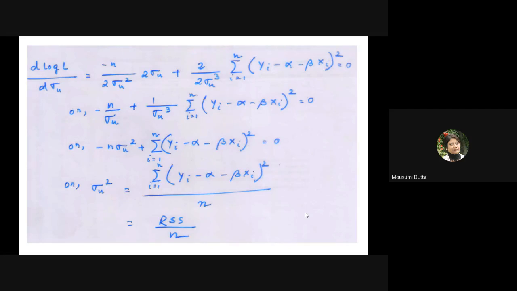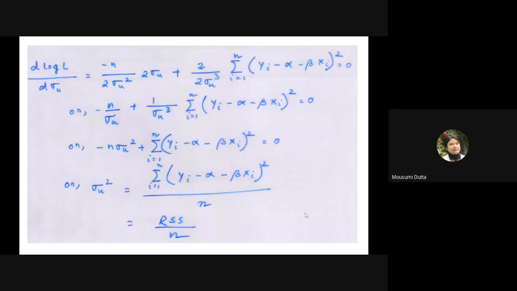So when we consider the large sample in the calculation of sigma u square, the n minus k, the degrees of freedom in the denominator, has been replaced by n. So this is the difference in terms of estimators. Alpha hat and beta hat are identically equivalent between the two techniques. However, there is a small difference when we consider the sigma u square value.